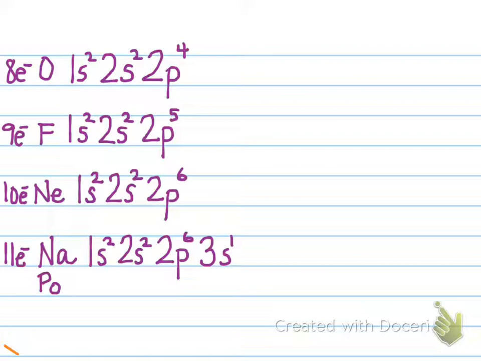So polonium is atomic number 84, which means it has 84 electrons.